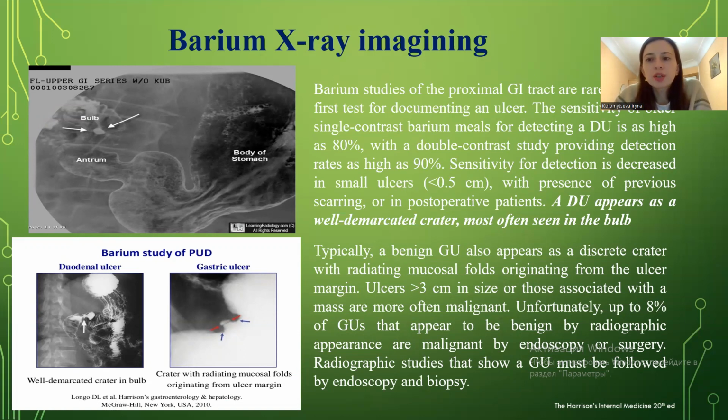Sensitivity for detection is decreased in small ulcers, less than half a centimeter, with presence of previous scarring, or in postoperative patients. A duodenal ulcer appears as a well-demarcated crater, most often seen in the bulb.